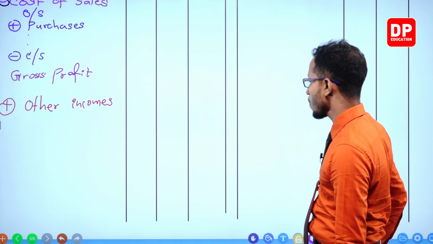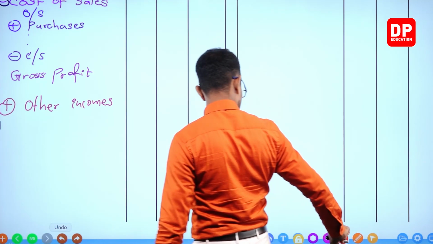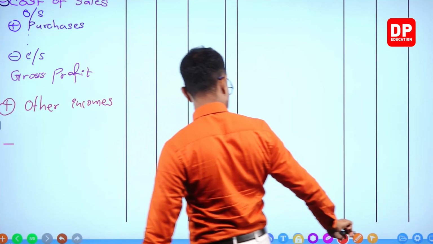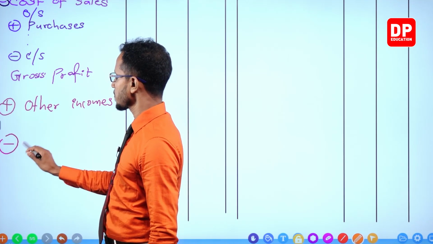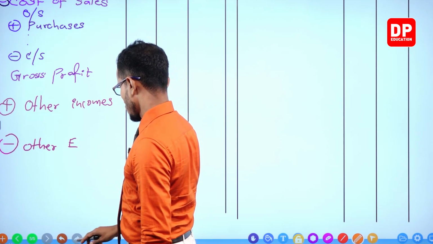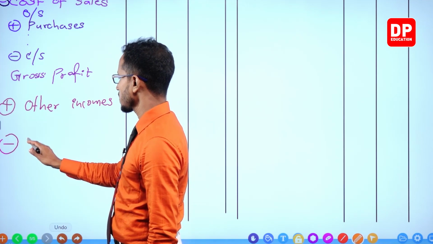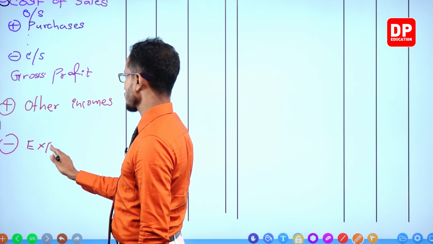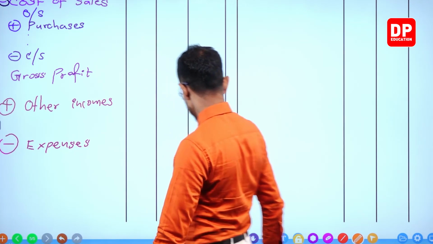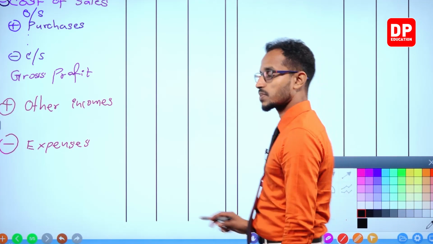And then minus other expenses. Don't write other expenses, minus expenses. Okay, these are all headings, my dear son.